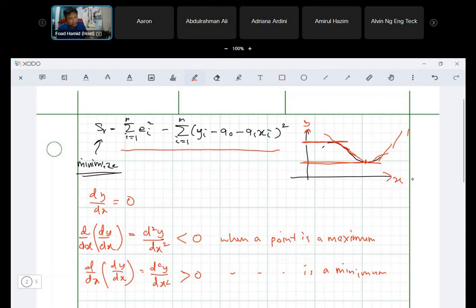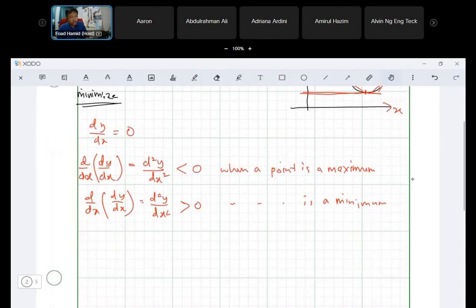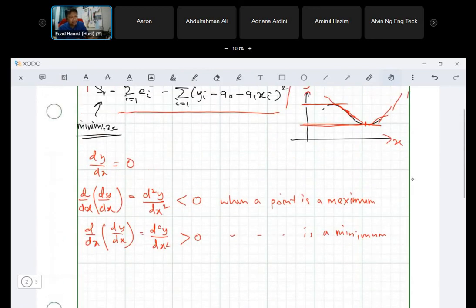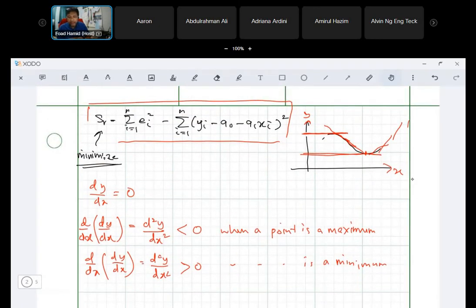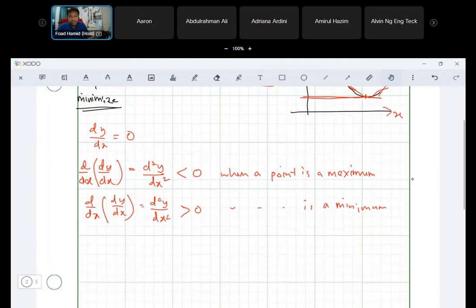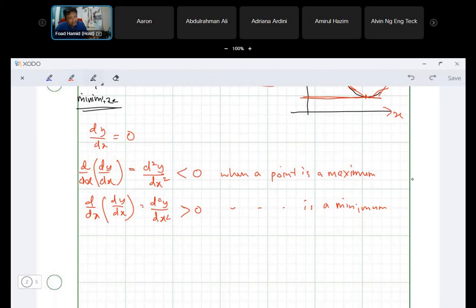We need to differentiate this equation here. So how do we minimize our SR? Let's look at the equation again.